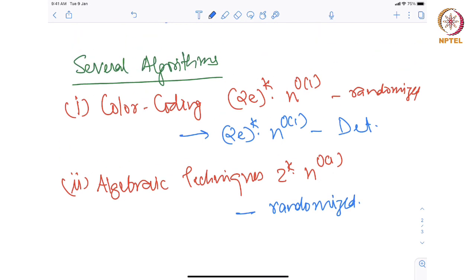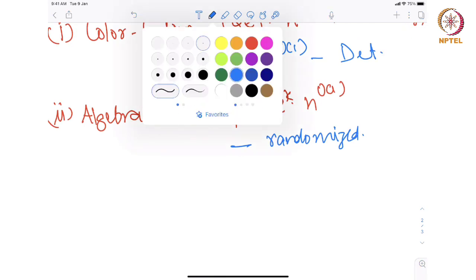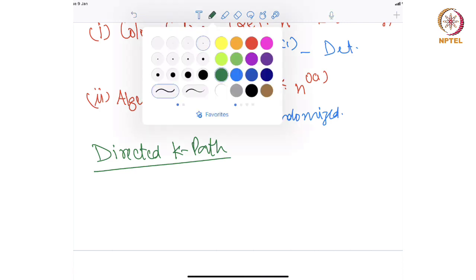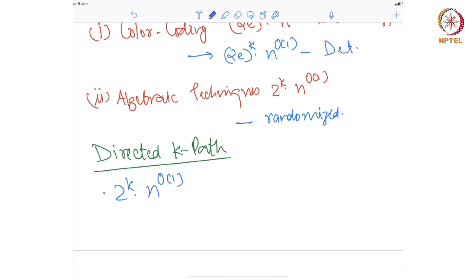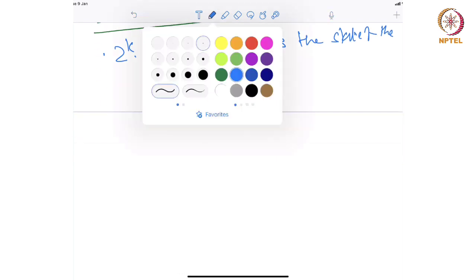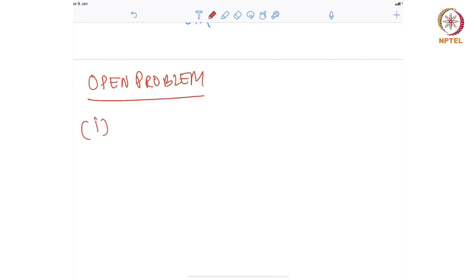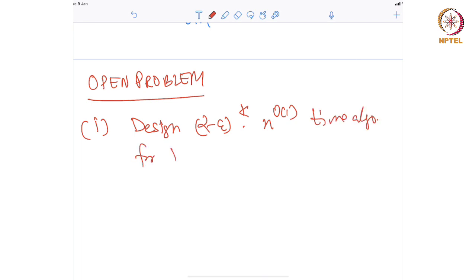Furthermore, it is important to point out that for directed k path, the 2 to the power k n to the power O(1) algorithm is the state of the art. So one good open problem in the area is, first, to design a 2 minus epsilon to the power k n to the power O(1) time algorithm for directed k path.